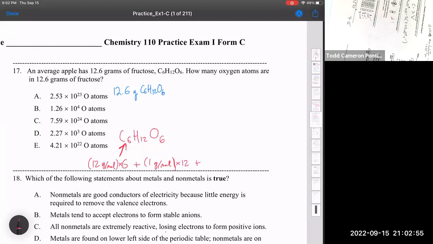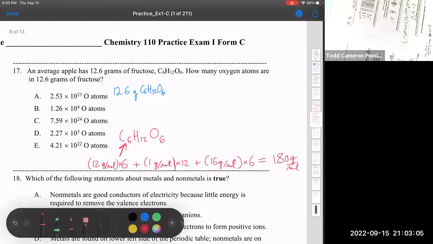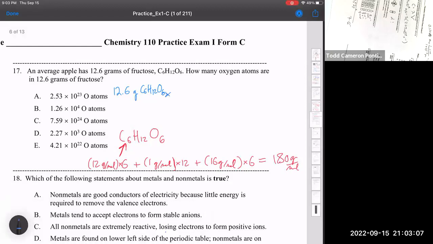And oxygen is 16 grams per mole, and there are 6 of them. This equals 180 grams per mole. And that's going to be our conversion factor. So to go from grams to moles, you divide by the molar weight. 180 grams of C6H12O6 for every 1 mole of C6H12O6.